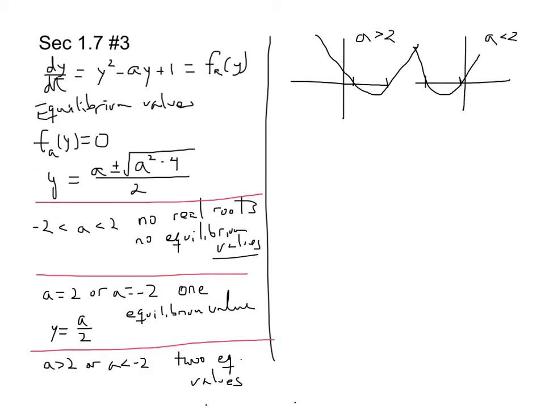In both cases, our 2 roots, I'll call them y1 and y2, are given by y1 equals a over 2 minus the square root of a squared over 4 minus 1, and y2 equals a over 2 plus the square root of a squared over 4 minus 1.